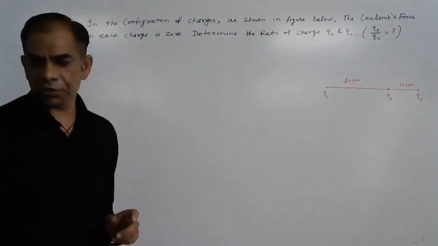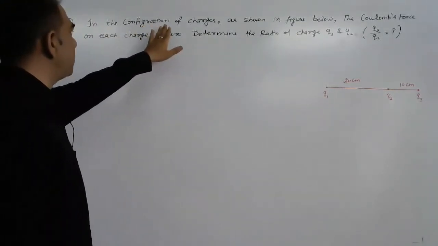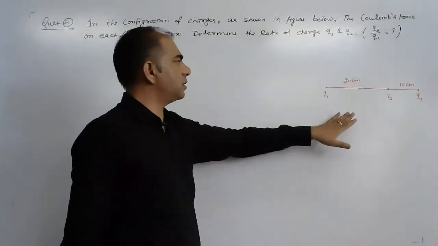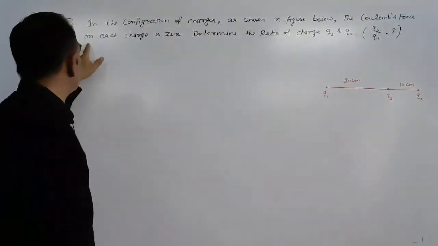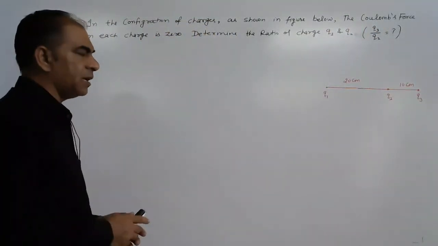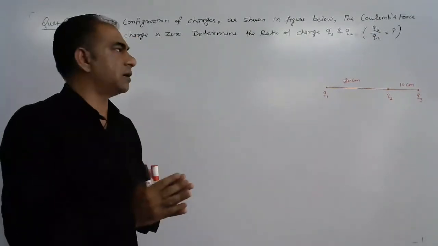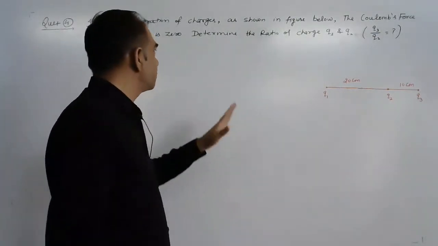This is the next question. Given that in the configuration of charges as shown in the figure below, the Coulomb's force on each charge is 0, meaning this structure remains in equilibrium, that is, the net force on each charge is 0.